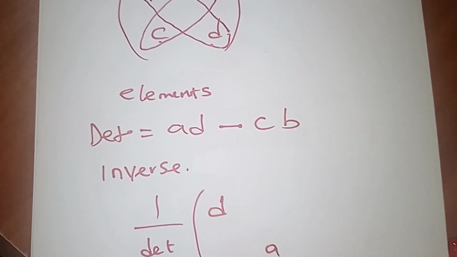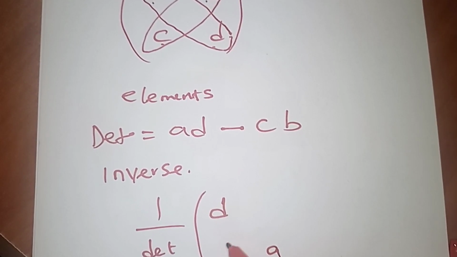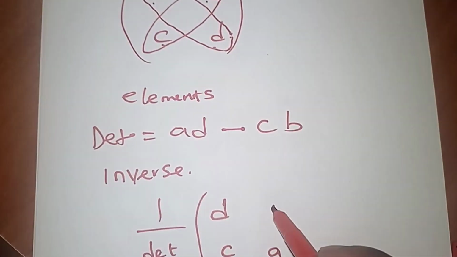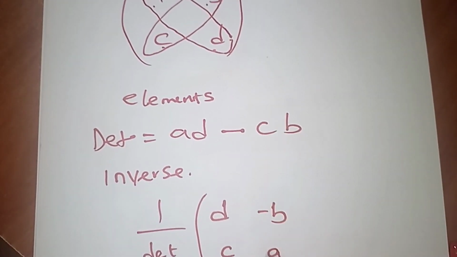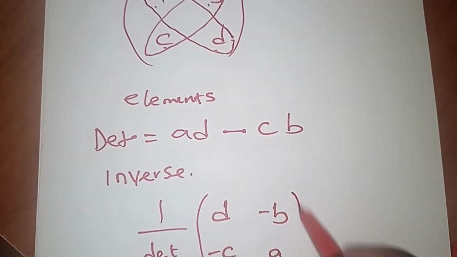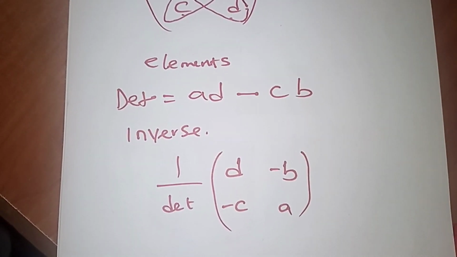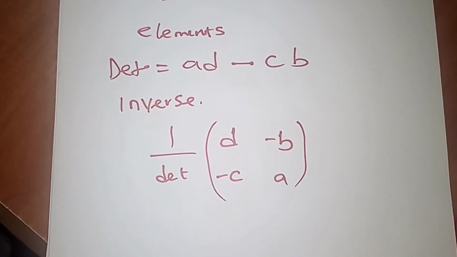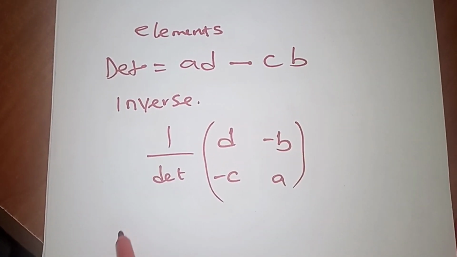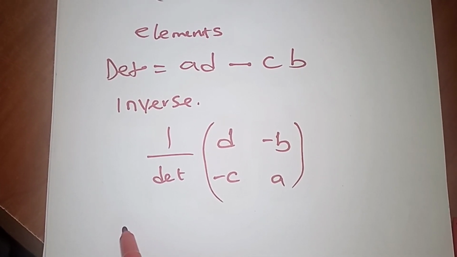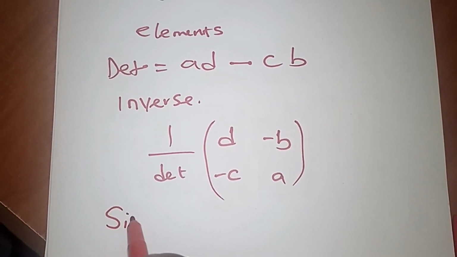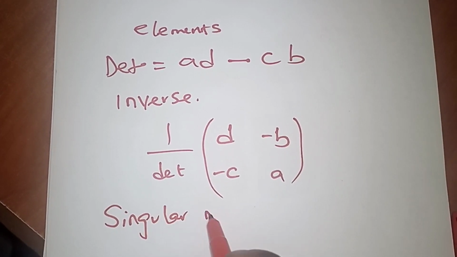The sign is positive, so we are going to change their sign to negative. So we have negative C and negative B, where the elements in the leading diagonal, we interchange them. Once you multiply that with the determinant, we get the inverse of a matrix. So we later use that to solve some solutions.